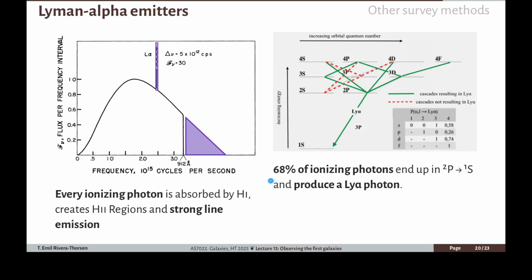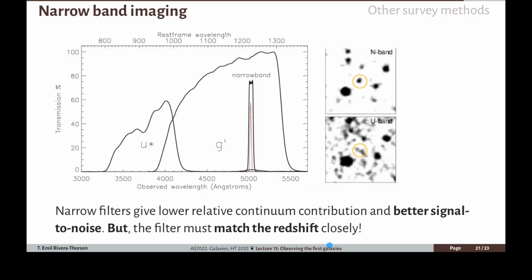Sorry, 2/3 of the ionizing photons, but actually only 1/3 of the ionizing energy, because they have different energy dependent probabilities of interaction. But still, a very, very large amount of energy gets concentrated into this one very narrow, very bright emission line. And that is perfect for looking for galaxies at high redshift.